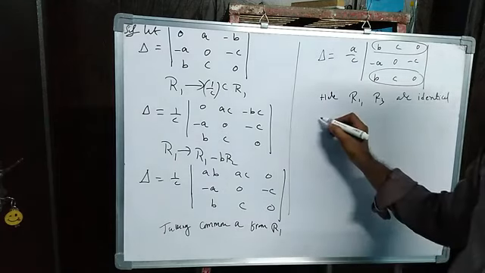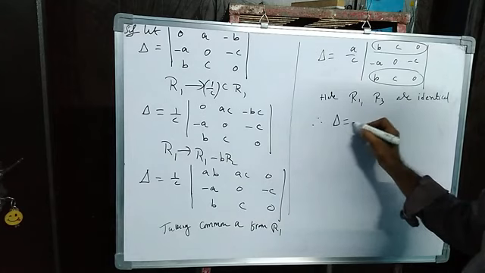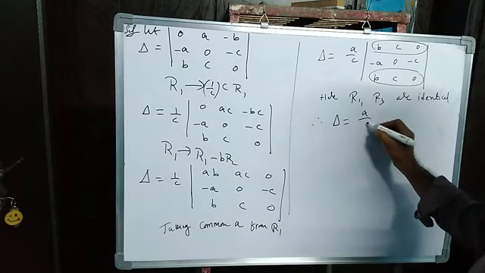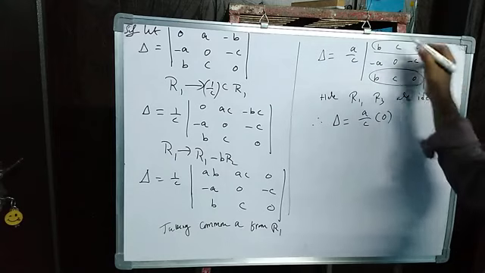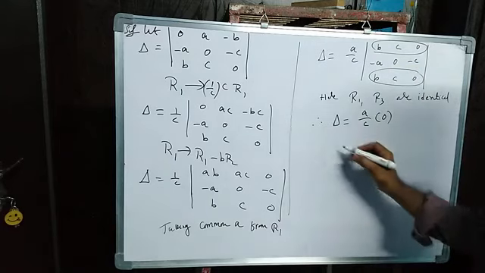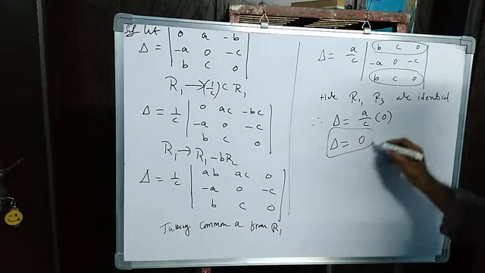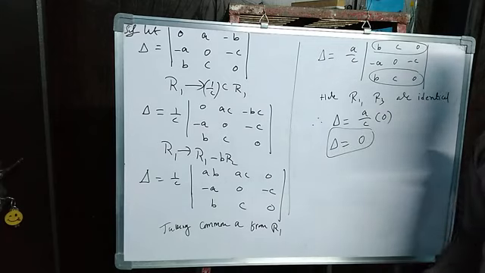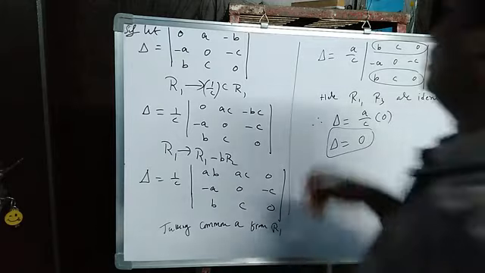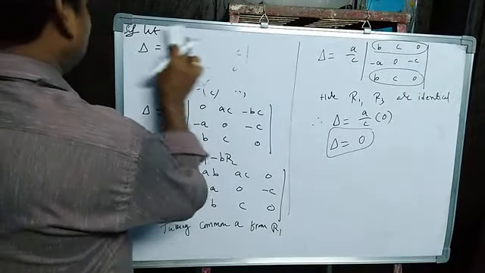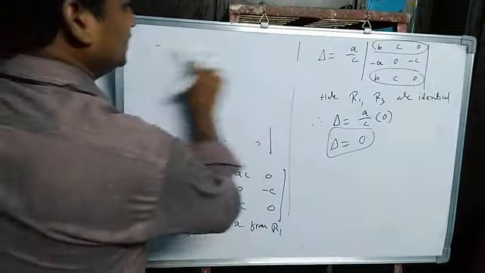So what do you say? Therefore delta is equal to A by C into the determinant of this one, which is 0. So delta is equal to A by C into 0, which is 0. So we proved this. In this manner we have to solve these questions. Remember, it is question number 6.